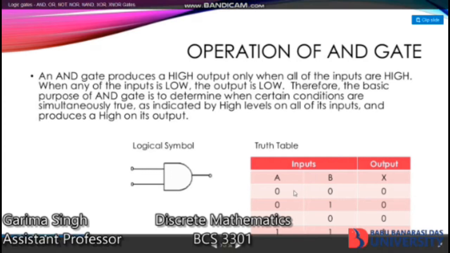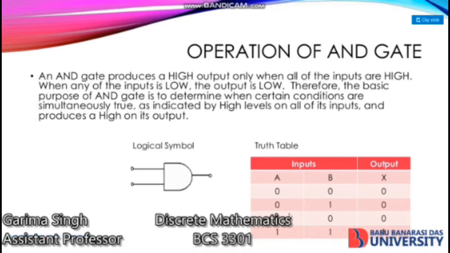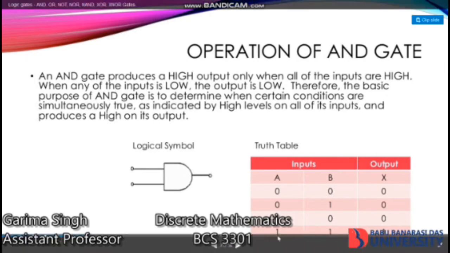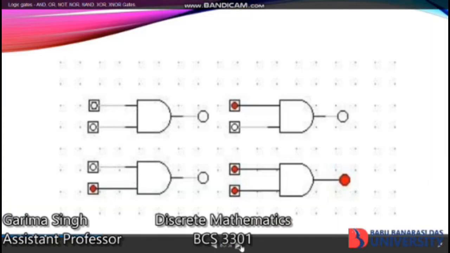Here A is 0 and B is 0. Both the inputs are low, so the output will be low. Here one input is high and one input is low, and the output is low. Here one input is low and one is high, the output is low. Only when both the inputs are high will the output be high.